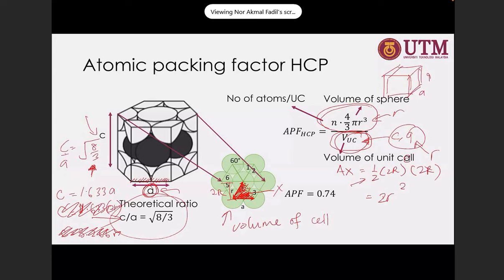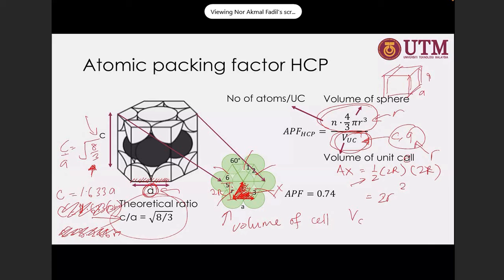Okay, so 2R squared. Then how many of them are there? There are 6 triangles here, so you need to multiply by 6.